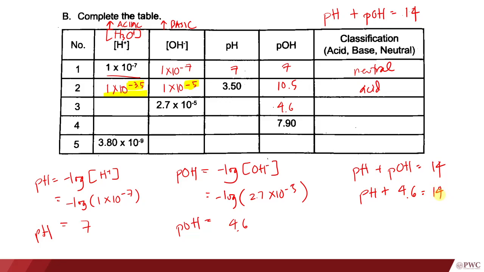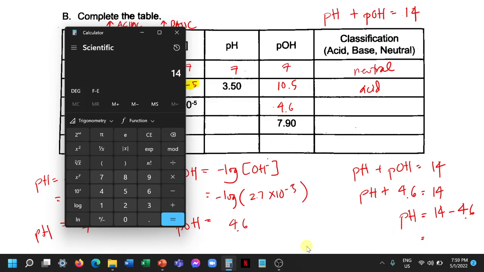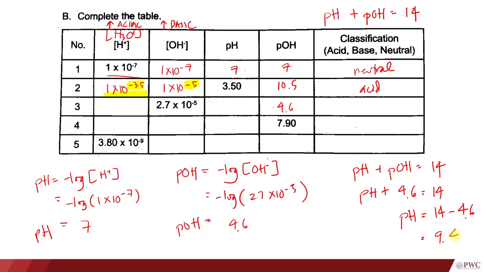Again, it's equal to 14. To find out the pH, just subtract 14 minus 4.6. If you solve this one, 14 minus 4.6 is equal to 9.4. So here the pH is equal to 9.4.